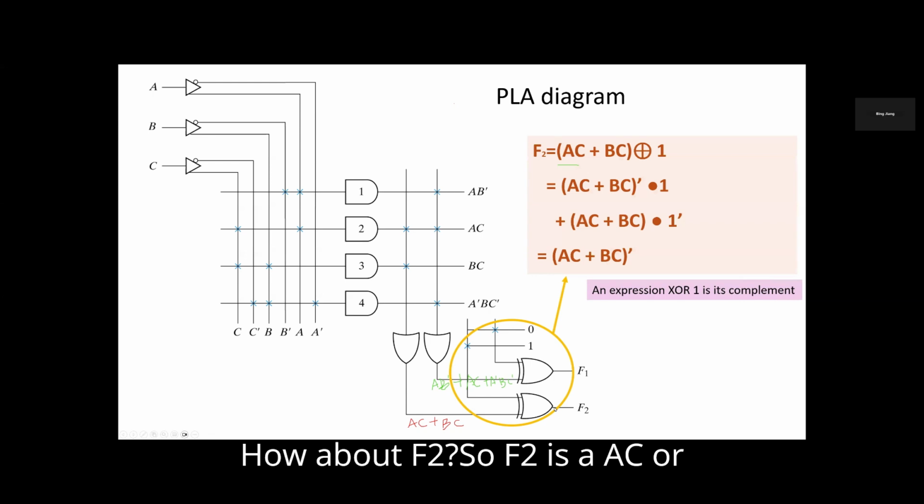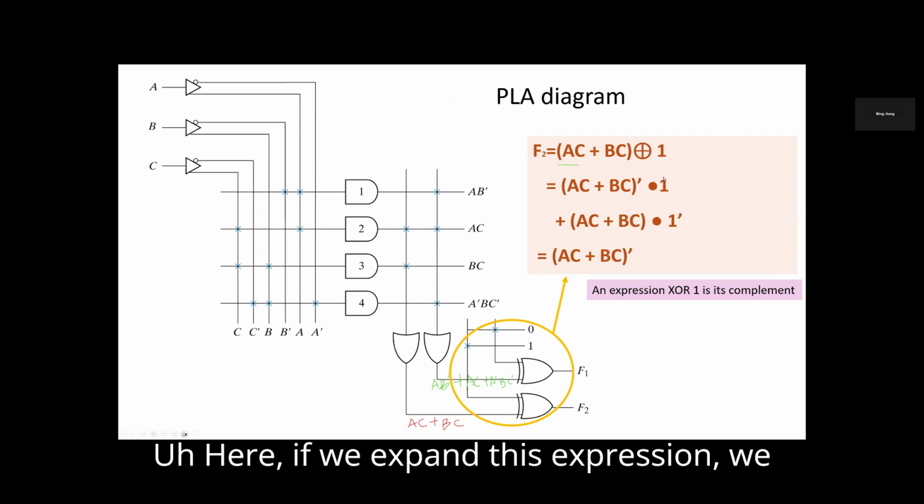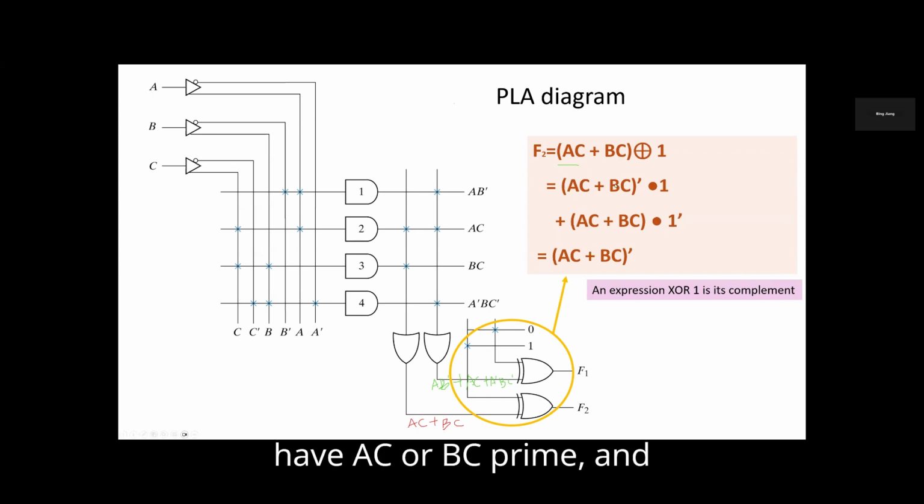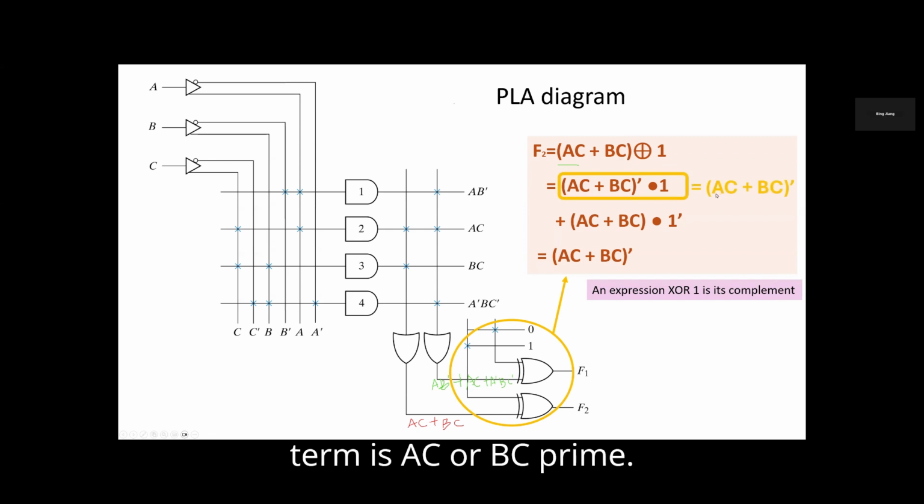How about F2? So F2 is AC or BC XOR 1. Here, if we expand this expression, we have AC or BC prime and 1, or AC or BC and 1 prime. So this first term is AC or BC prime.